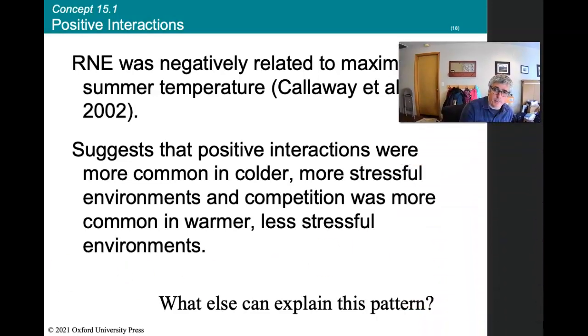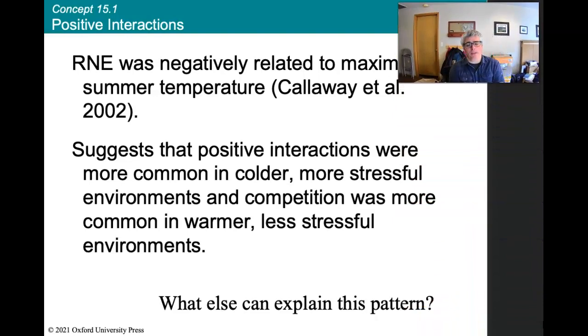Another thing we can think about is, is there another way to explain this pattern? Meaning, it's effectively saying in high elevations for a given species, you would have patches that are more dense, and there's a benefit to that. Or rather, positive growth is associated with being in a patch at high elevations.